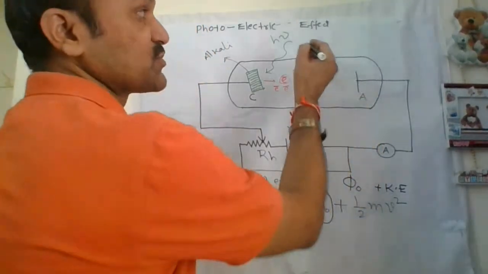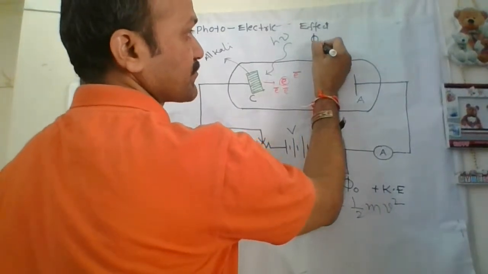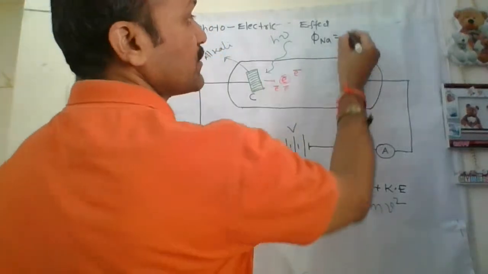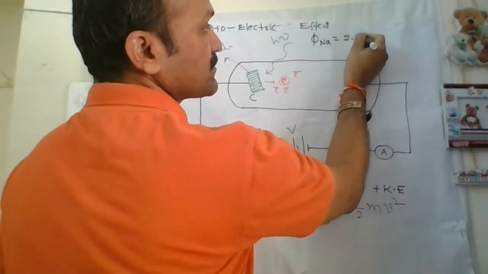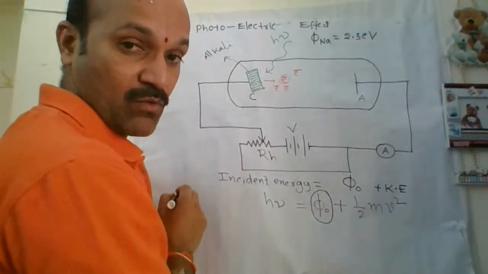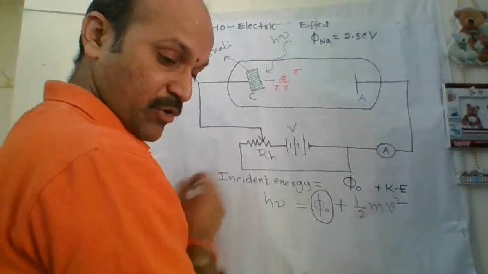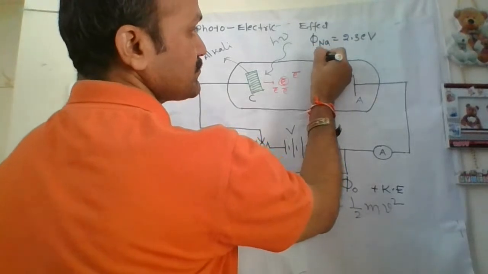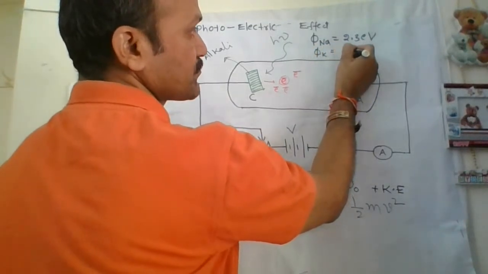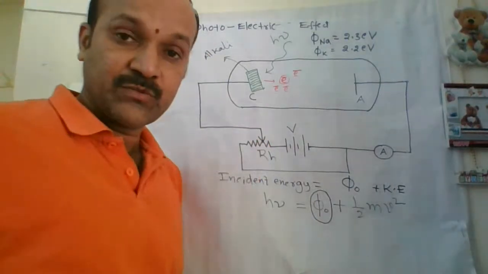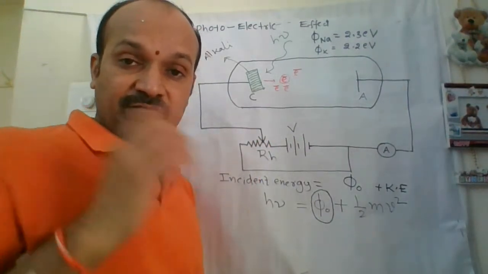The work function of sodium is 2.3 electron volts, and the work function of potassium is 2.2, like that.